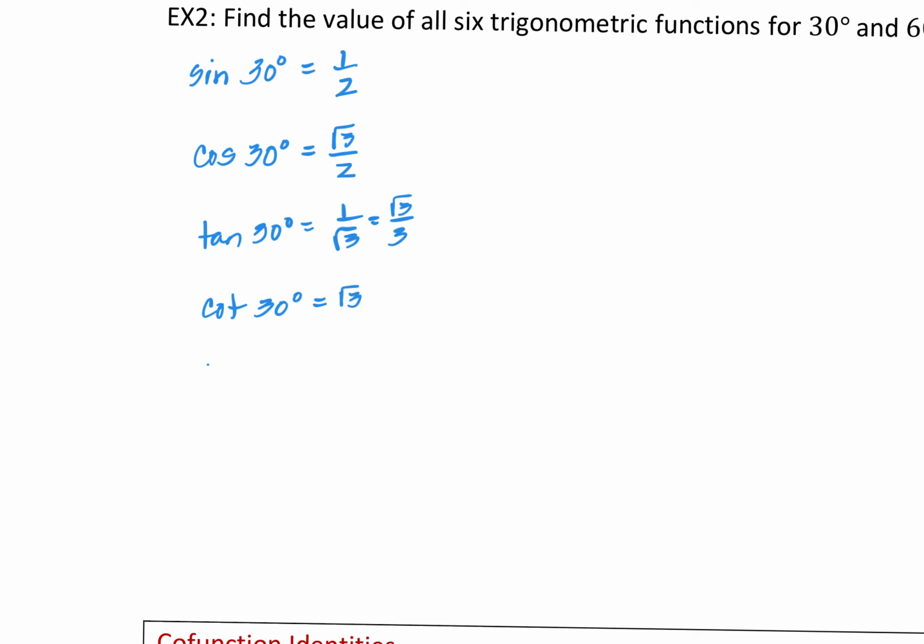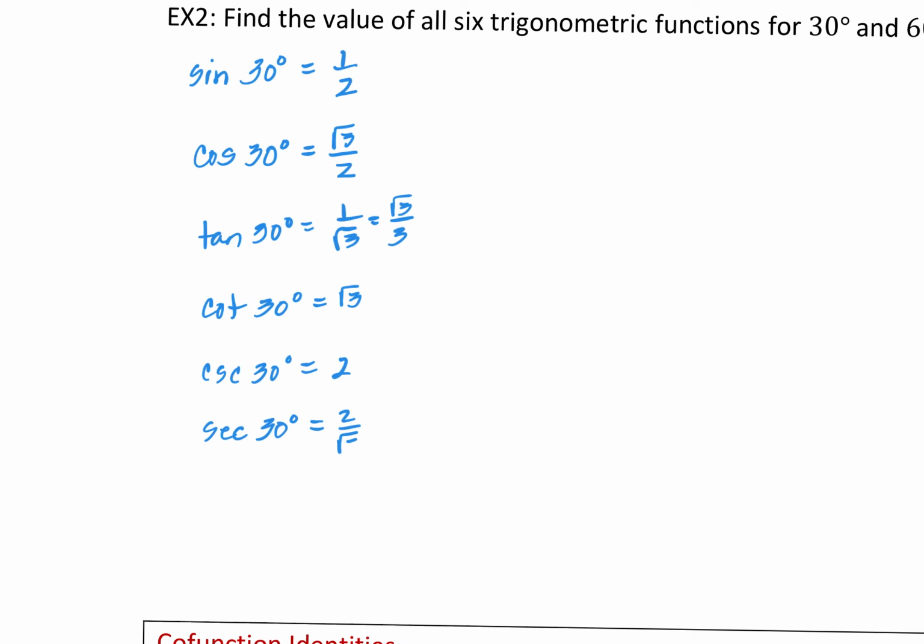Cosecant of 30, I would just flip sine to get 2. And then secant of 30, that would be flipping cosine, I would have 2 over the square root of 3.